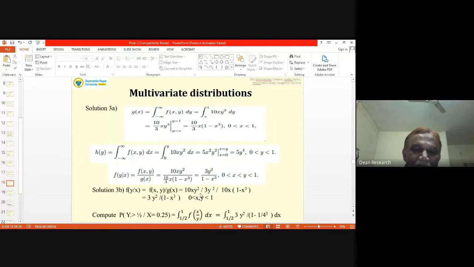Basically, the distribution of f of y given x is given, and that should be integrated with respect to x in the interval half to 1. f of x given y is already computed, given as 3y squared by 1 minus x cube. You substitute here.